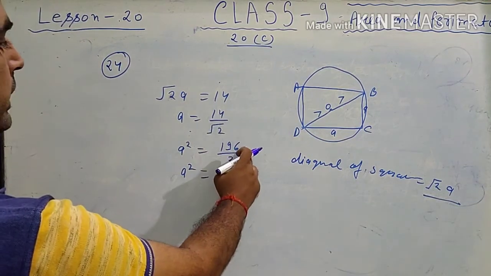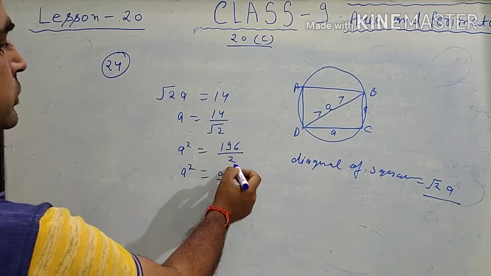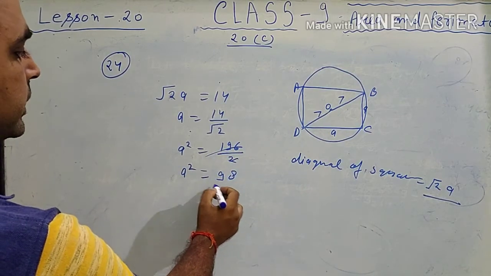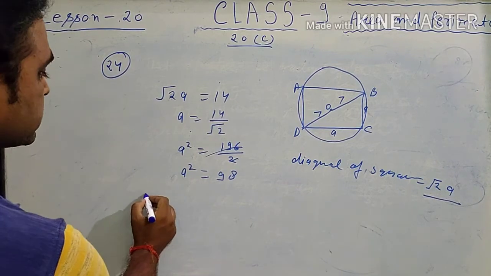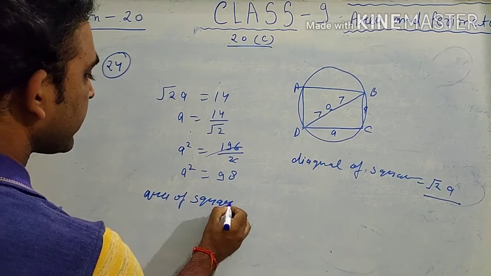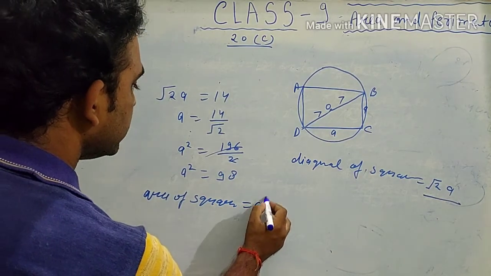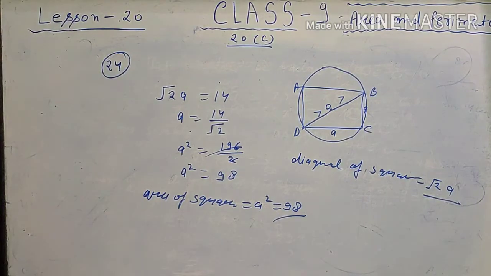So 14 square is equal 196 and root 2 square is equal to 2, now solve this. So a square is 98. You have to find the area of the square. So this is the formula of area of square. Area of square is equal a square is equal 98 square centimeter.